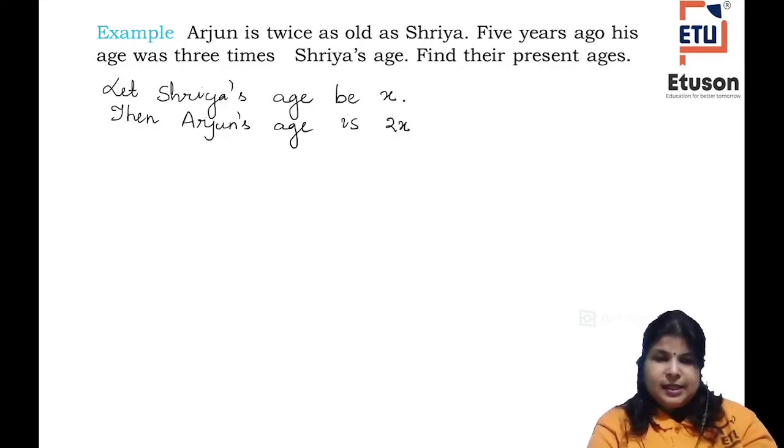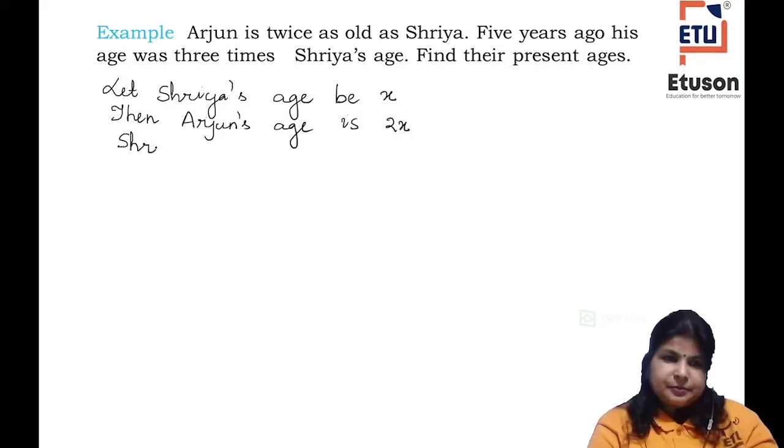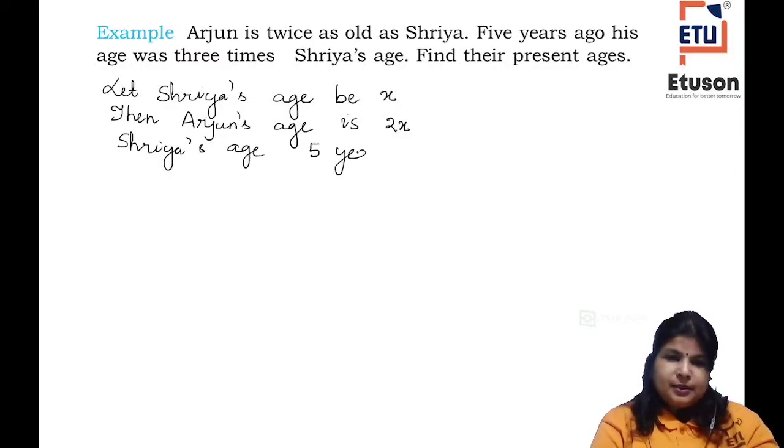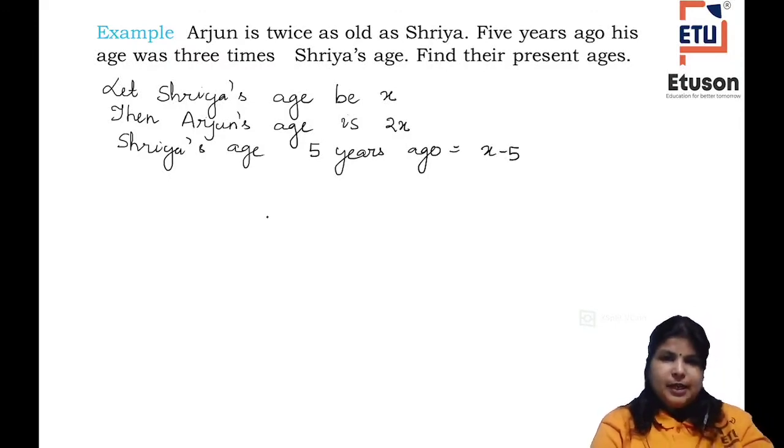So, considering x as the present age of Shriya, what will be the age of Shriya 5 years ago? So, Shriya's age 5 years ago is equal to x minus 5. Correct or not? Okay. So similarly, what will be Arjun's age?